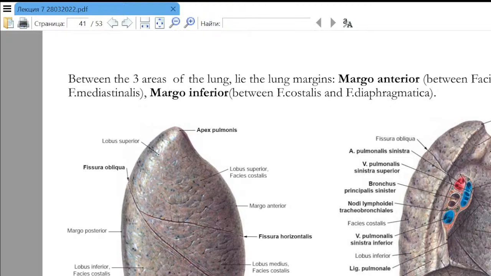Margo anterior, margo inferior, and three facies: costalis, mediastinalis, and diaphragmatica, and two margins, anterior and inferior. And you see the hilum pulmonis.